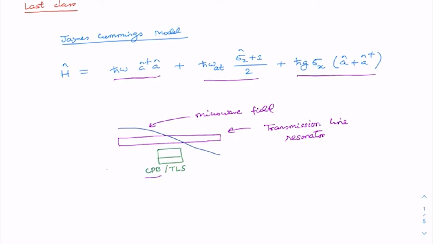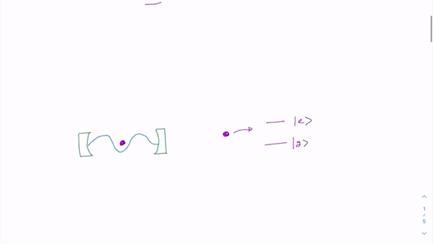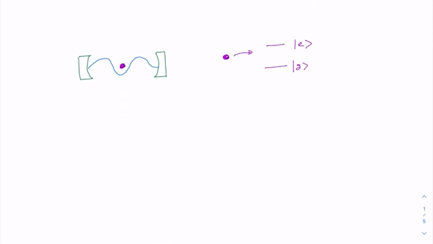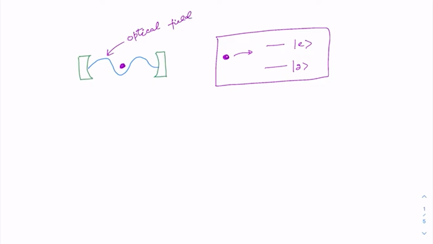In fact, the Jaynes-Cummings model is pretty universal. It can even describe the interaction of a natural atom placed inside a cavity. This natural atom can be modeled as a two-level system, and it interacts with an optical field. So this is our optical field, one optical field mode inside the cavity, and this is our two-level atom or system.